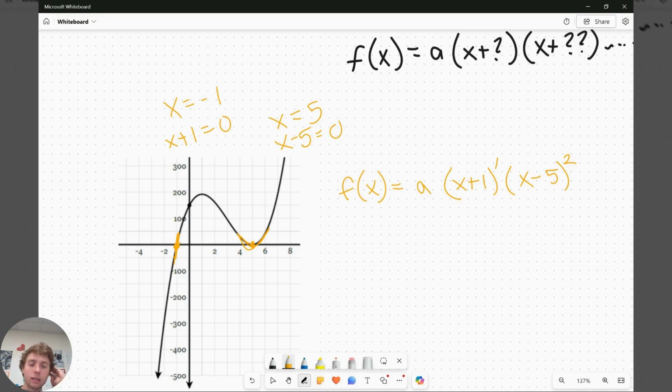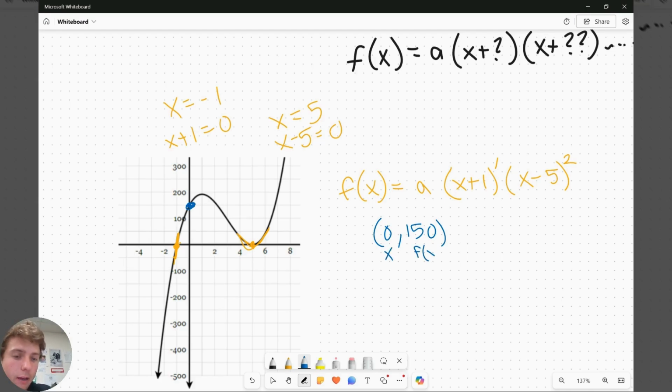We don't know a either. Well, one thing that happens is we're always able to find a. You can find that because the other information that I know is this y-intercept. In other words, I know that we have the coordinate (0, 150) on this line. Well, okay, that tells me the x is 0.